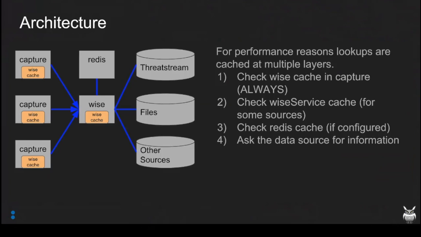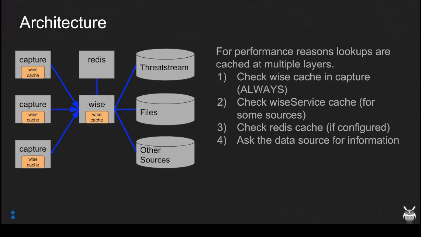So what's the architecture? All of the capture systems are going to be talking to WISE. There's a cache on each of the capture systems. It's really small. It's built into the capture process. So it's going to itself try not to go to WISE for every single query if something is popular or recently happened. Then the query goes to the WISE system.